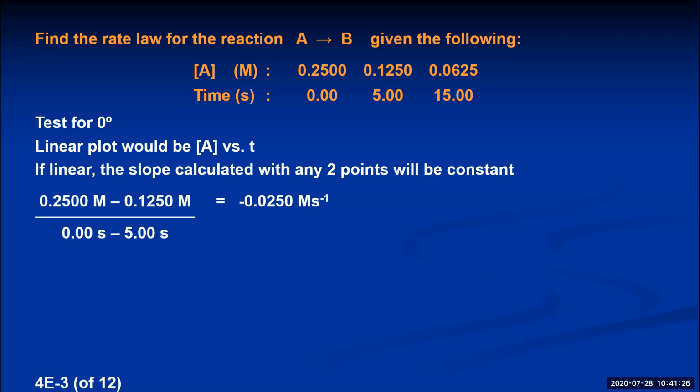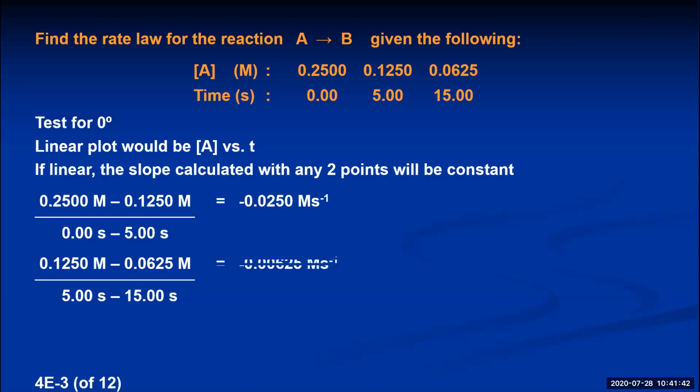So I'm going to go my difference in y's, 0.1250 minus 0.0625, divided by difference in x's, 5.00 minus 15.00, and I'll calculate the slope of the line that connects these 2 points. The units will be molarity per second, and in this case, it comes out negative 0.00625.